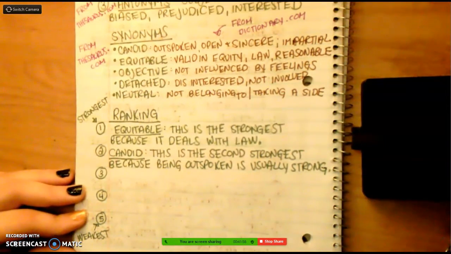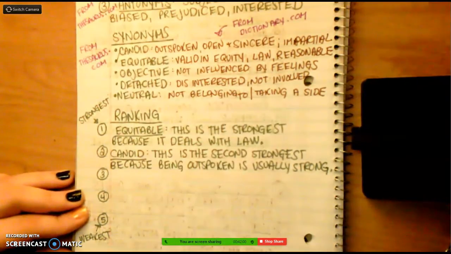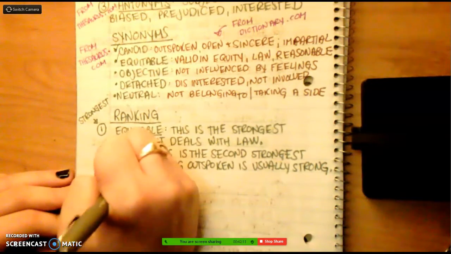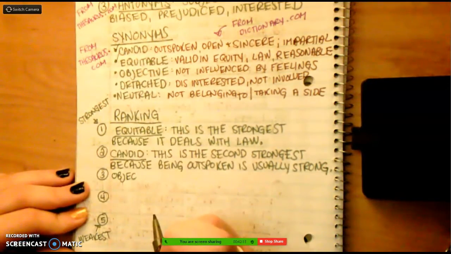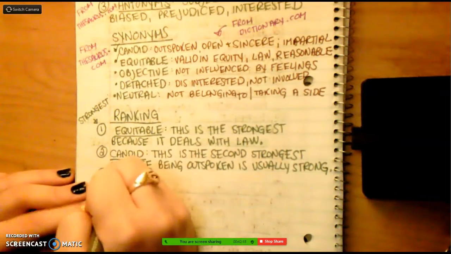Now I'm going to go to number 3. I've got 3 words left. So I did equitable. I did candid. Now I have objective, detached, and neutral. So I think that I'm going to go objective. And then actually detached.